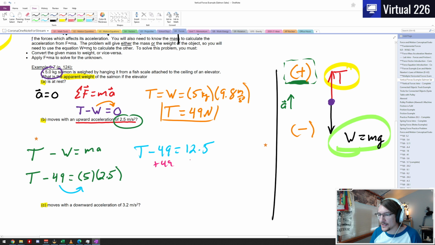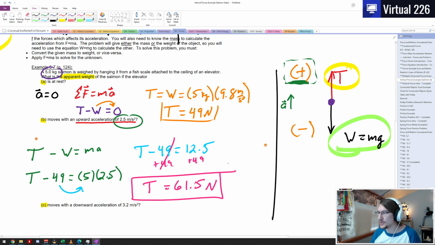we get that the tension is equal to 12.5 and 49, which is 61.5 for the tension. So it appears, and it's true, that if this elevator is accelerating upwards, all of a sudden the salmon looks like it weighs more.